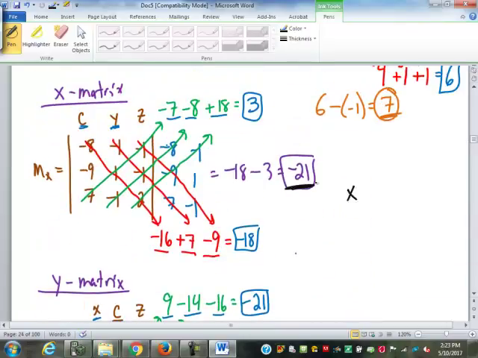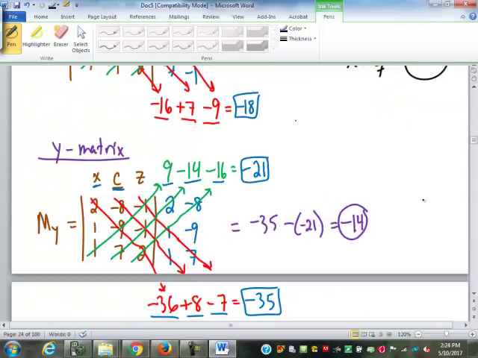So now to find x, take the value from the x matrix of negative 21 divided by our base value of 7. Negative 21 divided by 7 is a negative 3. So x is negative 3. To find y, take the value of our y matrix, negative 14, divided by our base of 7.